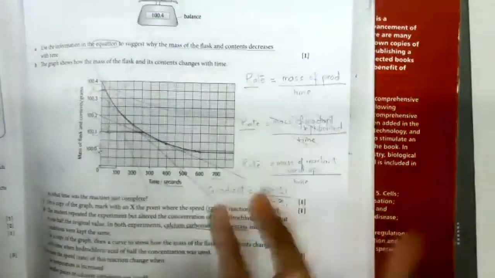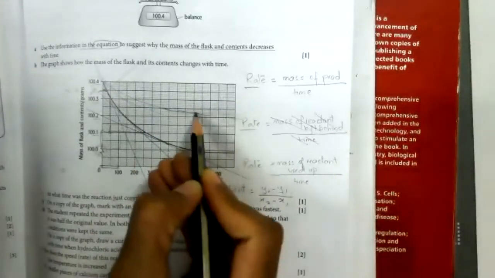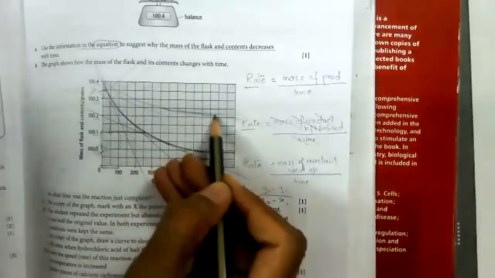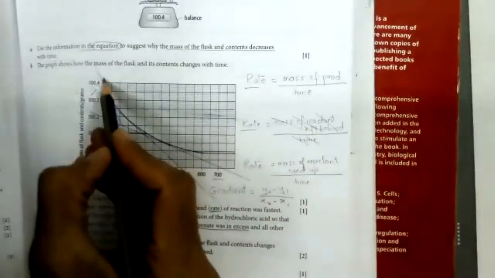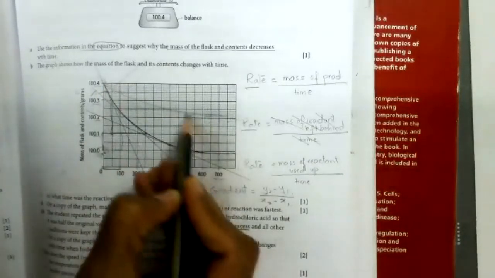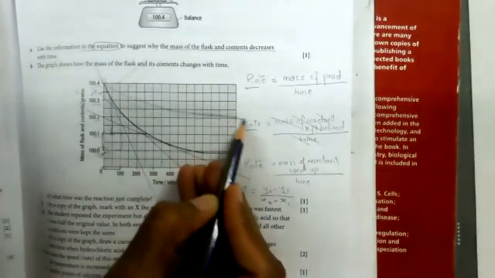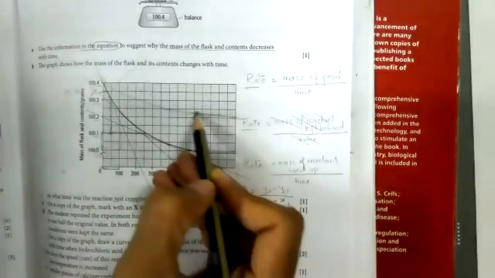The reaction would take longer to complete because it's slower. So make sure that your graph is not leveling out here. It should be on a downward slope, something like this. It has not leveled off. It should not level off.